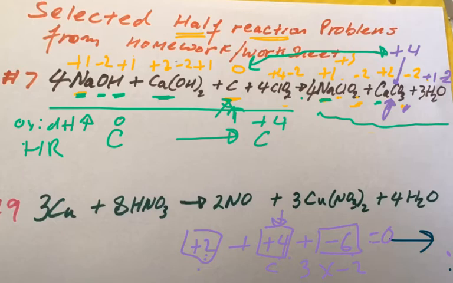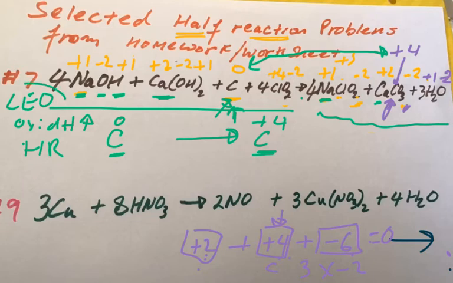Their oxidation number didn't change. They didn't undergo redox. We're interested in this carbon right here and this carbon right here because that shows the increase in oxidation number. And since we're undergoing oxidation, we know we're doing LEO, loss of electrons, oxidation.